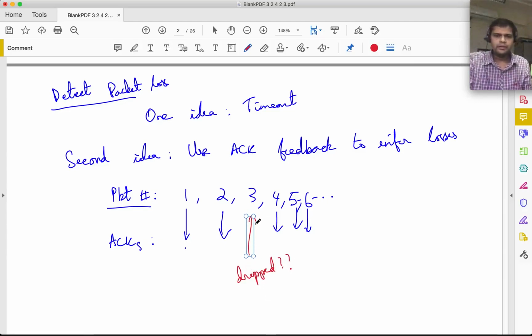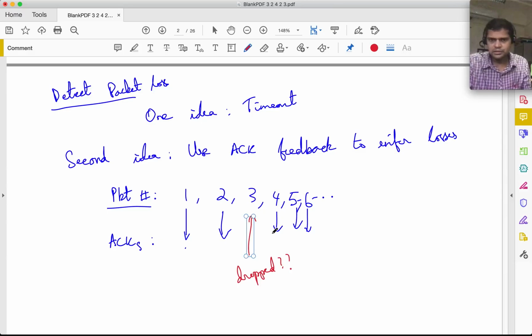But somebody might argue, how can you say that? Maybe the packet reached but the acknowledgement was dropped, or maybe just the acknowledgement is delayed, or the packet was delayed somewhat, and you need to wait for a certain amount of time. Those are valid arguments, so we have to make a good decision, and we'll see what TCP does.